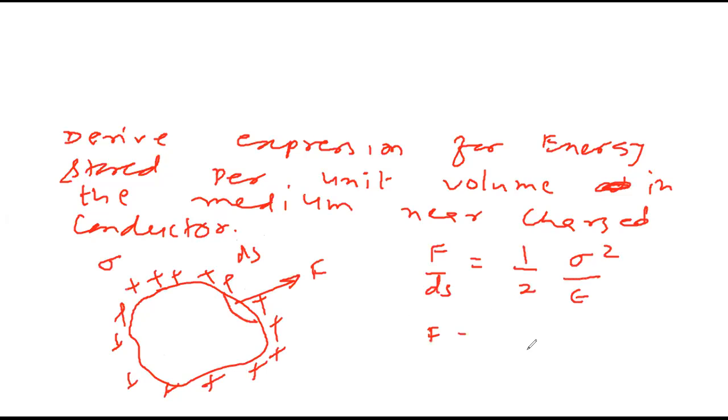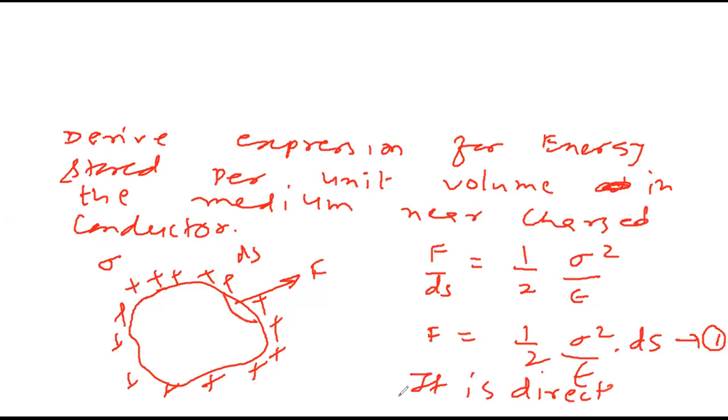So F is half sigma square upon epsilon into ds. We are interested in energy stored, that means work done against force. It is directed outwards, so it will try to elongate this conductor by some distance dx.